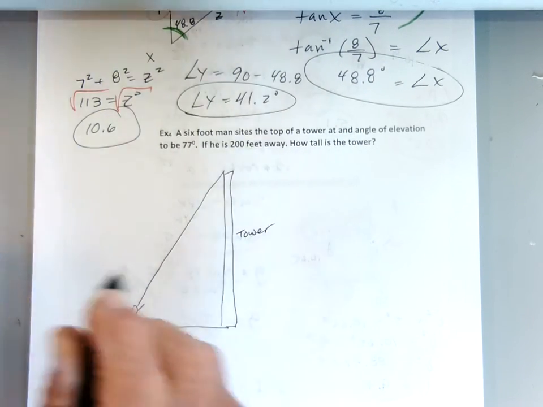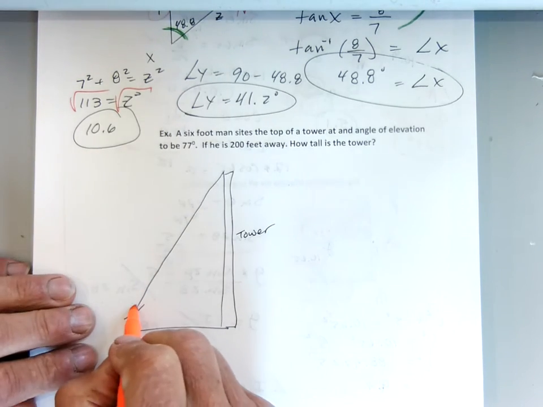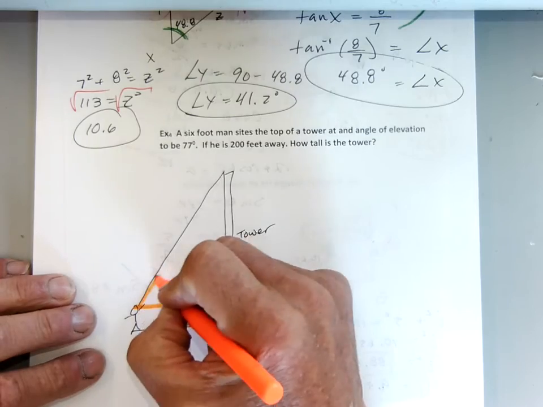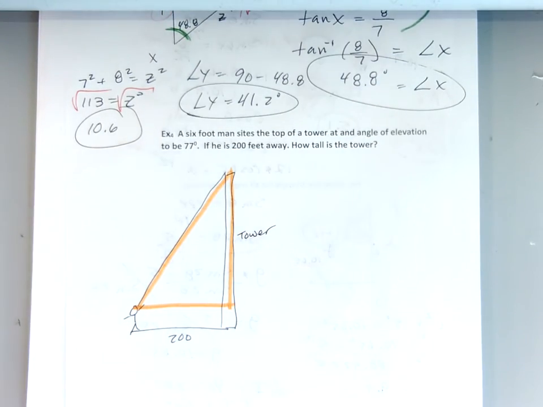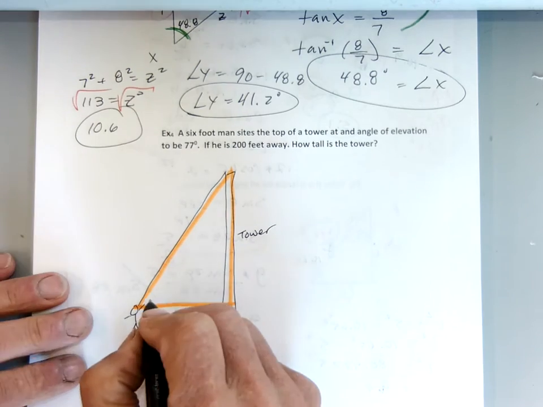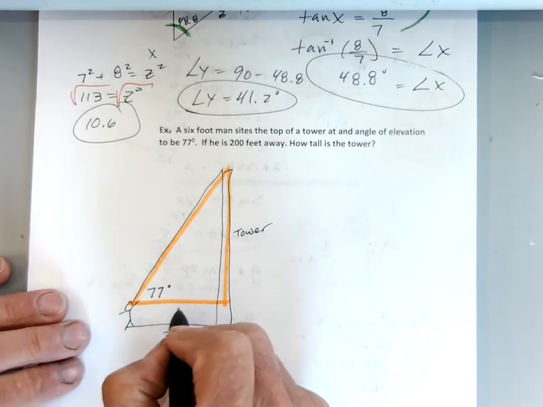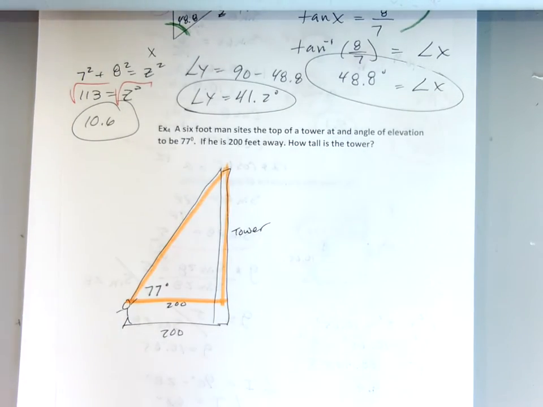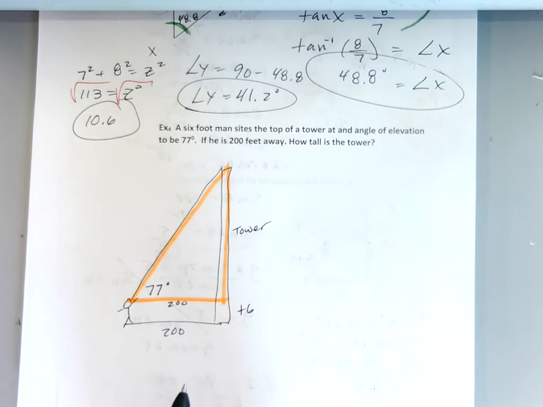Okay. Now, because he's a 6-foot man, the triangle that we're looking at is suspended 6 feet above, okay? I've got 77 degrees here, 200 there, so 200 is also here. So when I get my answer, I'm going to add in the 6, because that 6 feet is, because he takes it from his eyeball, right?